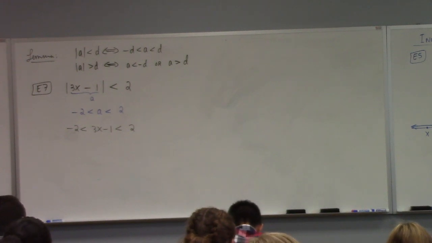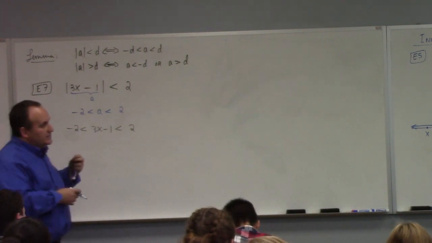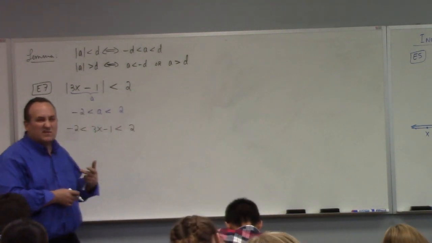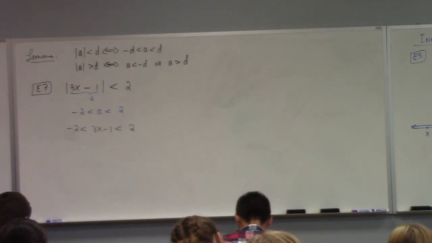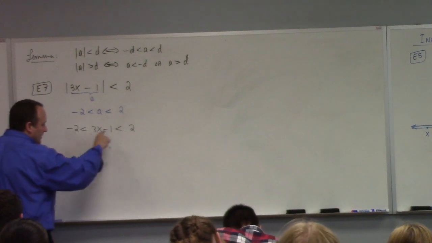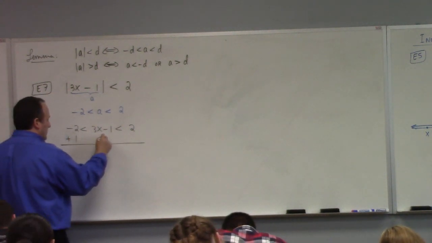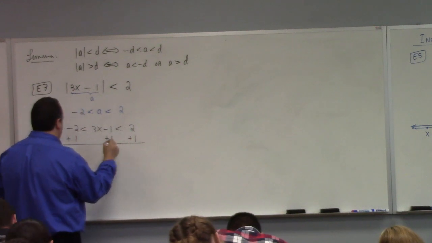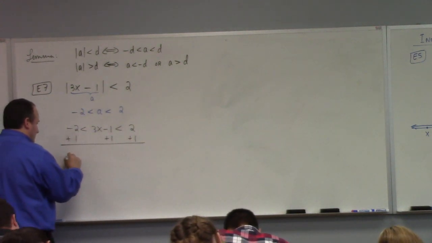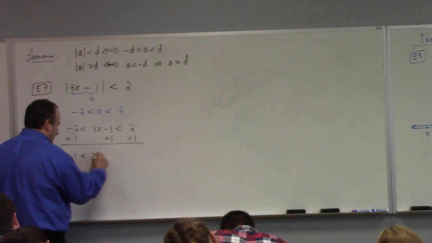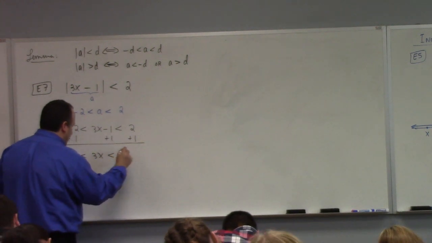We solve that the same way we solved example 6, but this is easier because there's no minus in the x. So we just add 1 to everything. Minus 2 plus 1 is minus 1. 3x is less than 3.